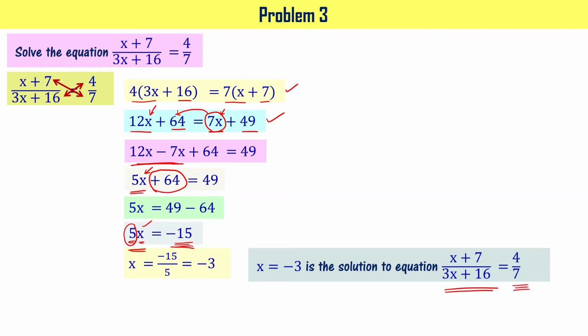Once you do cross multiplication and simplify, you get a linear equation in one variable having the variable on both sides. Then transpose one term so that you arrive at an equation that has the variable on only one side. You further simplify and solve for x. That's what we have done, right? Please note this.